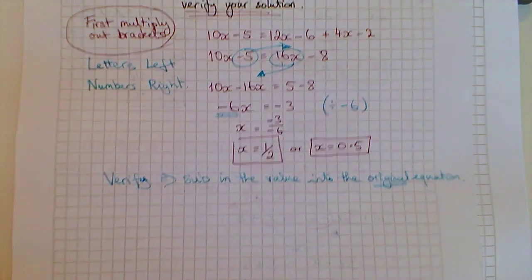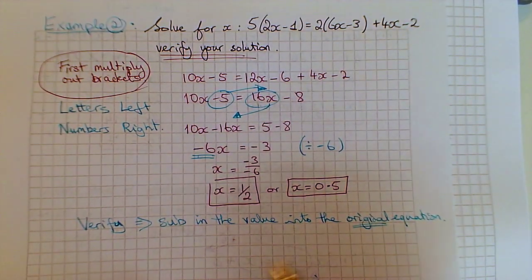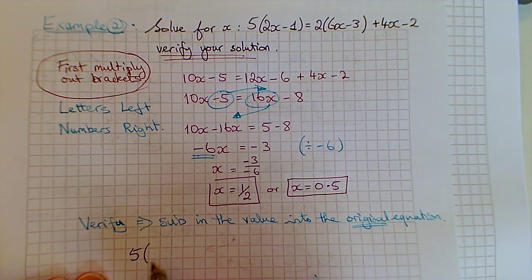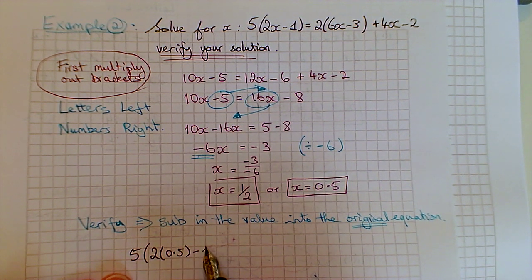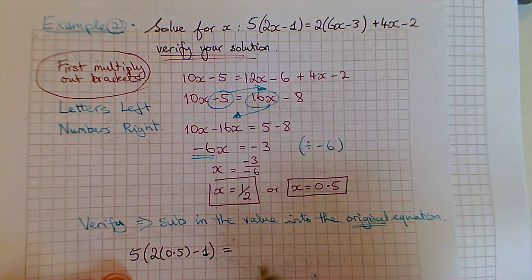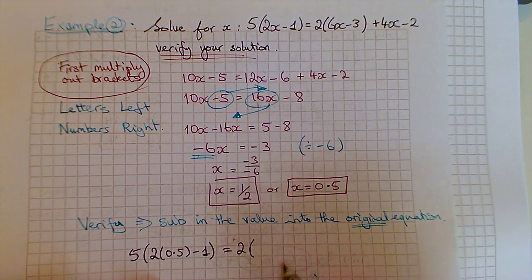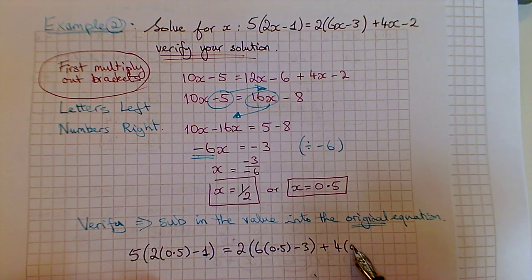Which means that I must show that if I have 5 times bracket 2 times 0.5 minus 1, is that the same as 2 bracket 6 by 0.5 minus 3 plus 4 by 0.5 minus 2.